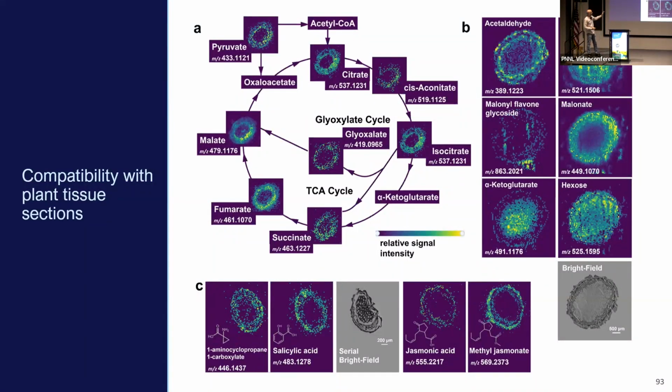And you can see that we can actually describe the entire TCA cycle. We can also see the distribution of many phytohormones in the poplar root, and some important aliphatic and aromatic carbonyls in the soybean root nodule, most of them involved in biological nitrogen fixation.